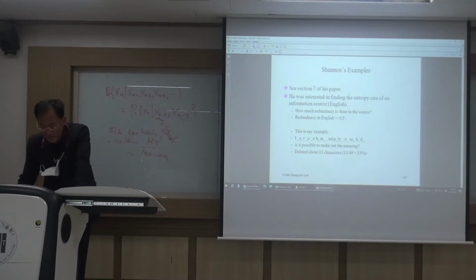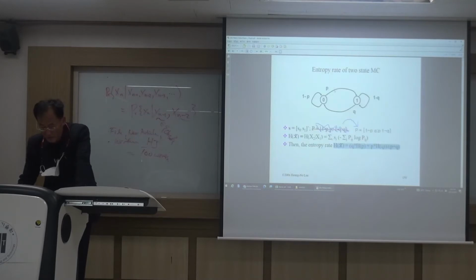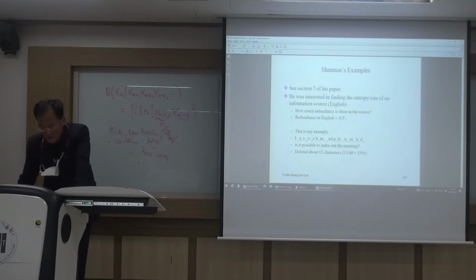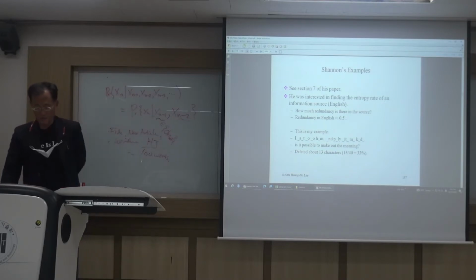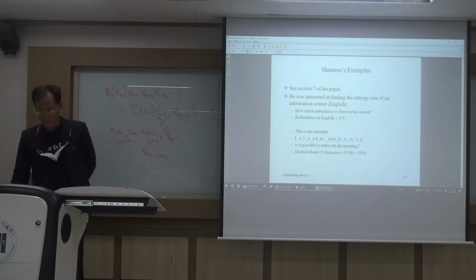See section 7 of Shannon's paper, his example of a Markov chain. Basically, he was interested in finding the entropy rate of an information source, English, and how much redundancy there is in the source. Redundancy in English is about 50%.